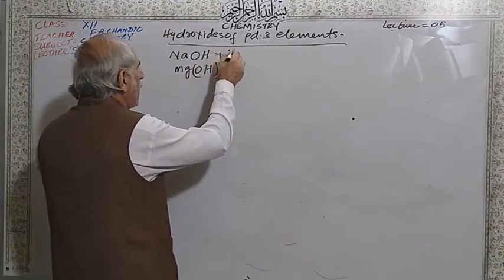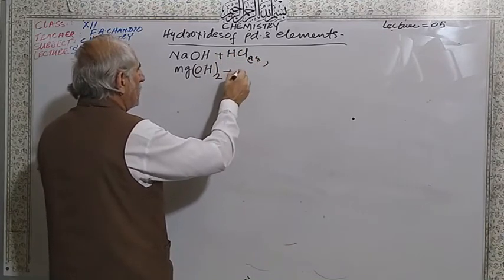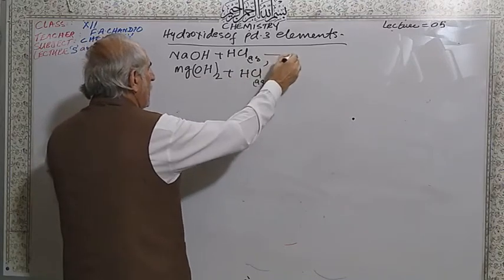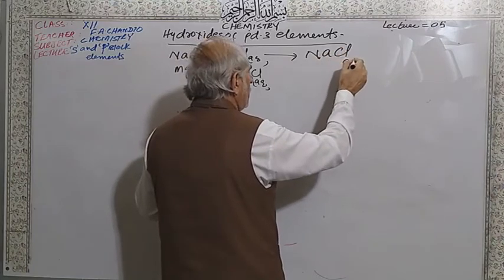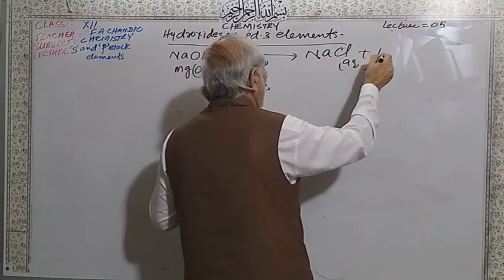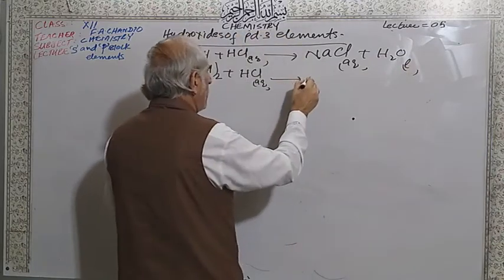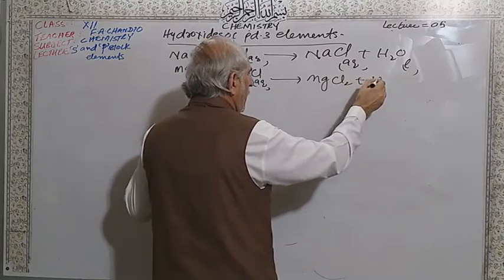Sodium is more metallic in nature than magnesium, and we already did the behavior of oxides. Sodium oxide is strongly basic, so that's why sodium hydroxide is an alkali, a strong base. Magnesium oxide is only basic, so magnesium hydroxide is also a base, but not as strong as sodium hydroxide.